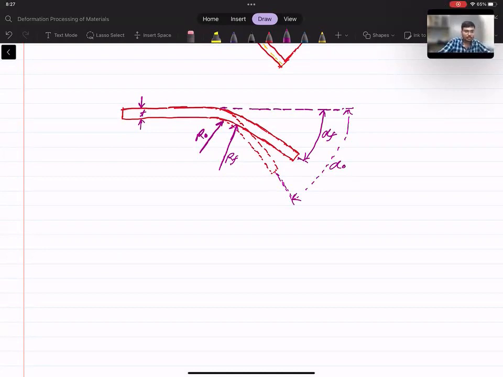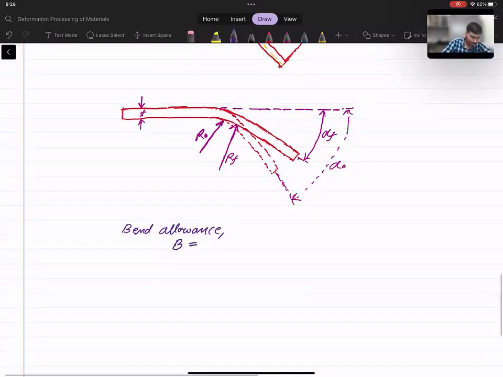Okay, so considering this, the bend allowance is given as nothing but, it can be written in terms of both the initial radius and the final radius. So this is nothing but (R naught plus T by 2) times the bend angle alpha naught.